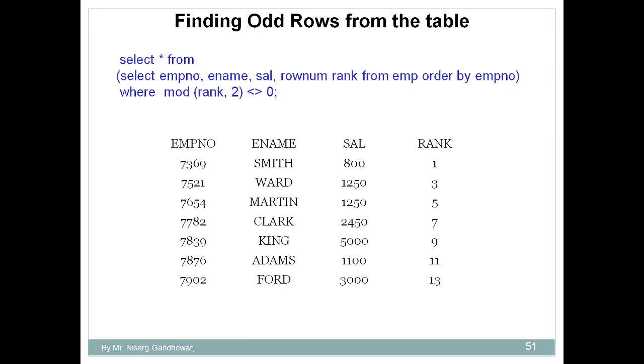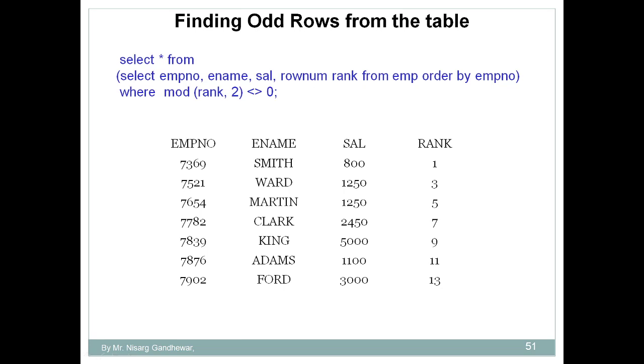In order to fetch the odd rows from the table, we need to write this query. So simply what is written over here: select star from, this is an inline query. Select star from, in bracket, select employee number, comma, name, salary, rownum. Here we are using the rownum.